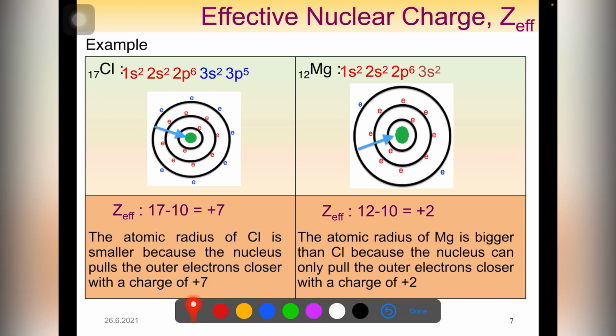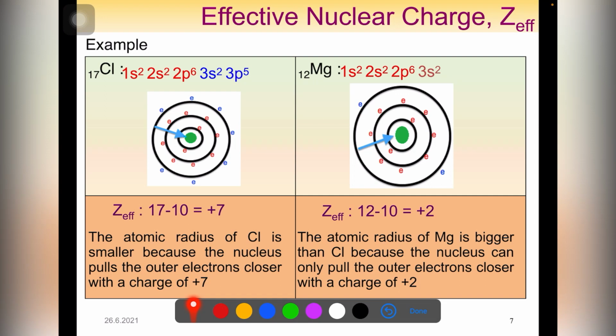You can see that the atomic size of magnesium is bigger compared to chlorine, because each electron in chlorine feels positive 7 of the effective nuclear charge. But each electron in magnesium only feels positive 2 of the effective nuclear charge.